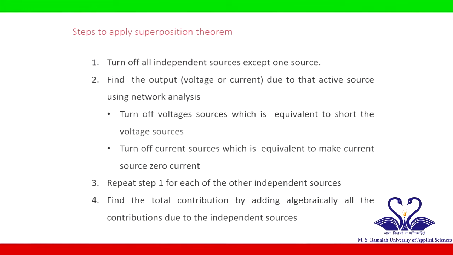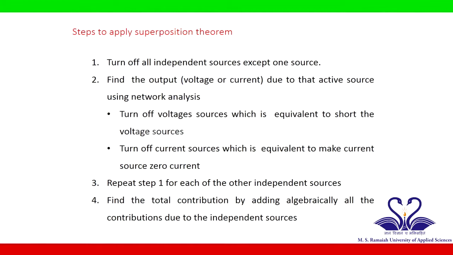Steps to apply superposition theorem. First, turn off all independent sources except one source. Second, find the output, voltage or current, due to that active source using network analysis. Turn off voltage sources, which is equivalent to shorting the voltage sources.